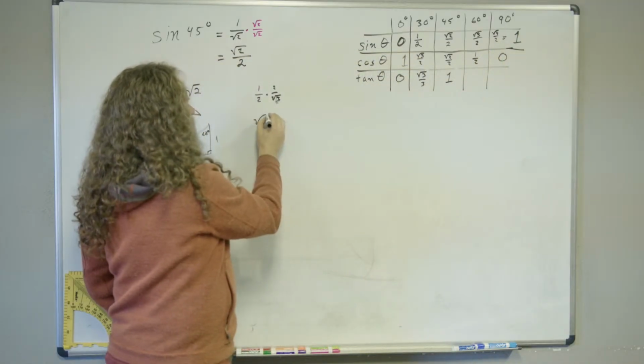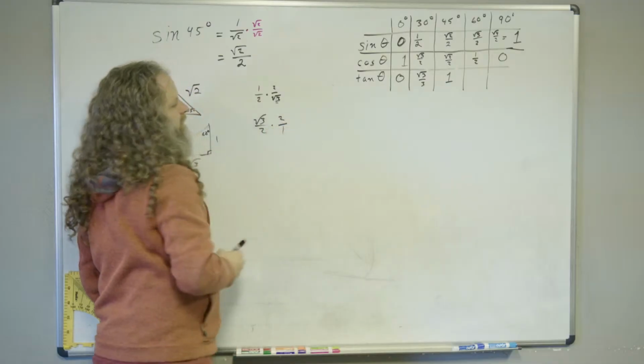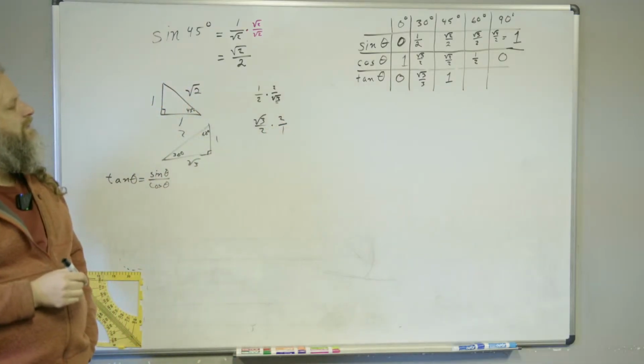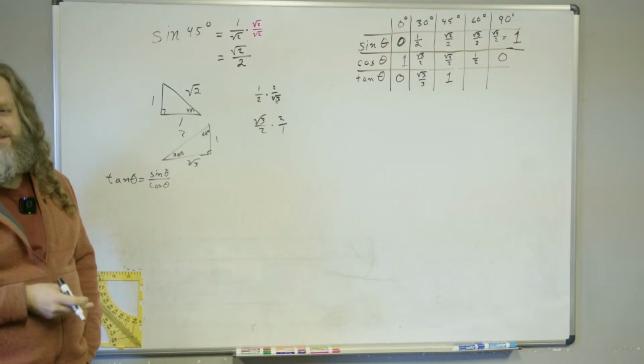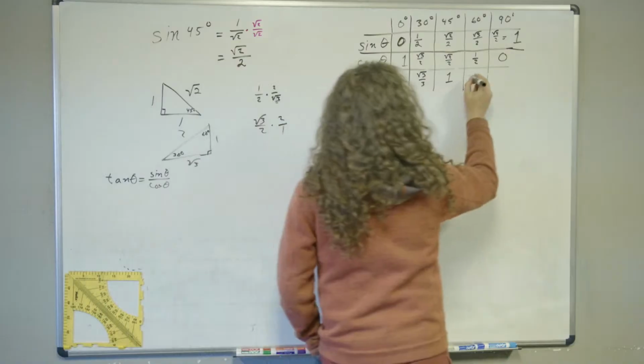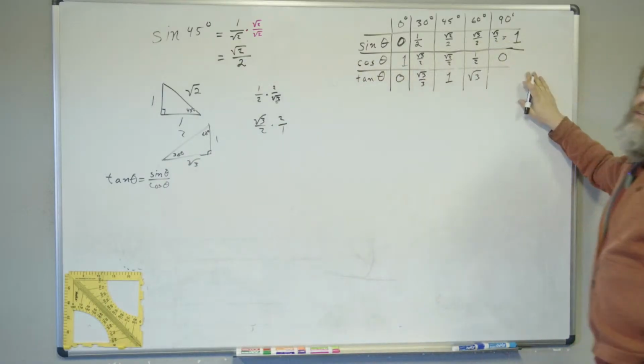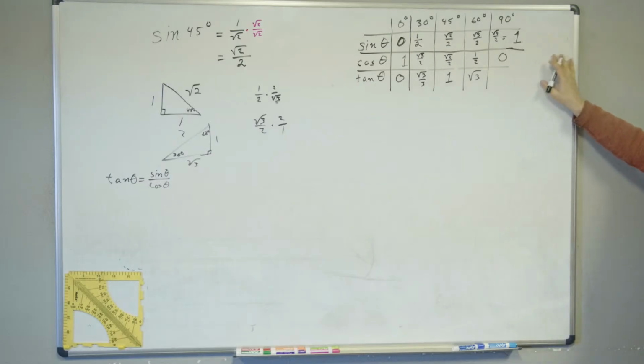So the square root of 3 over 2 divided by 1/2. What's going to happen to the two 2's? Cancel. So we've got just square root of 3. Now we get a little bit of an interesting thing because we've got 1 divided by 0. What's 1 divided by 0? Try it on your calculator, see what happens.